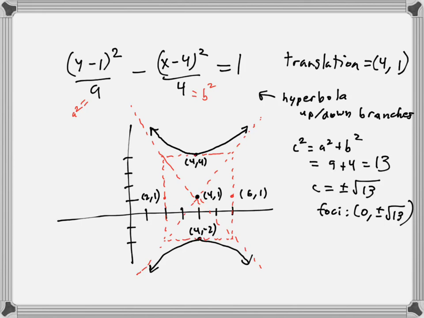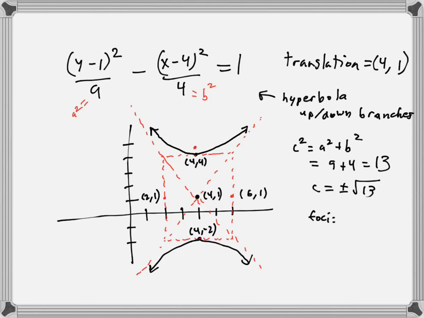So, sorry, I messed up here. It's plus or minus root 13 from the translation. I apologize. So the foci, I'll show you what the coordinates are in a second, but what we're going to do is move square root of 13 from the 4, 1. So that puts us at 3.6 above the 4, 1. So it's like right here, right?